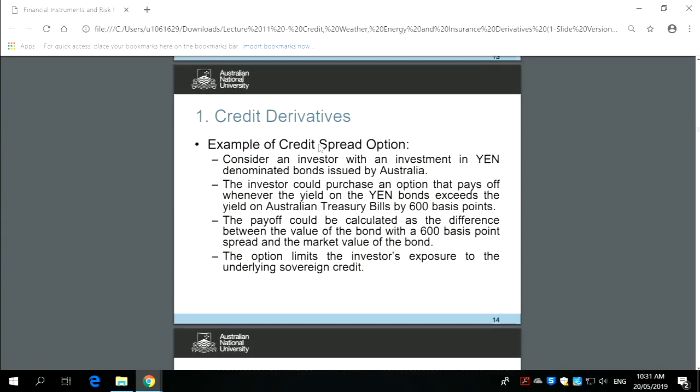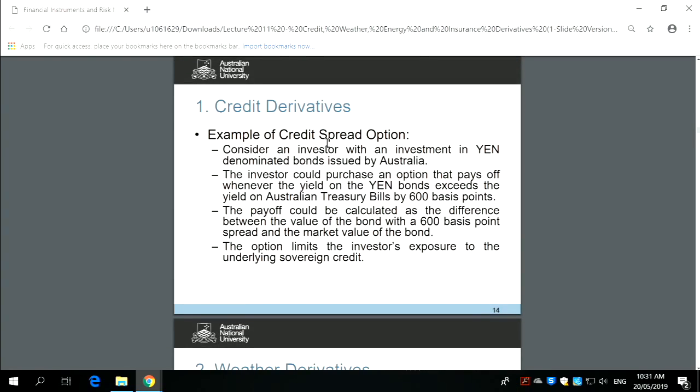We have one example here. You can buy Australian bonds and you can buy Japanese bonds. Assume you have $10 million to invest and you buy $10 million of Australian bonds. What if the Japanese bonds did really well, so you missed out on the return on the Japanese bonds?